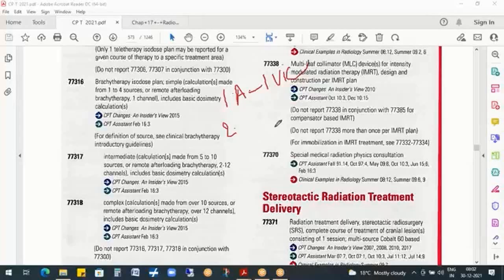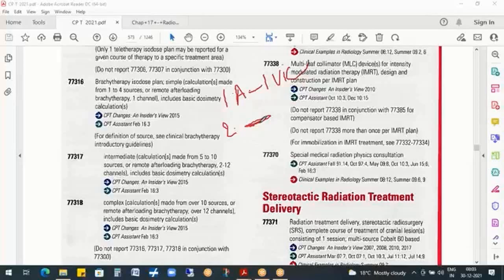Next, anterior and posterior, two views. Next, anterior hyphen posterior. Hyphen means you just put it like this. Anterior hyphen posterior, one view.